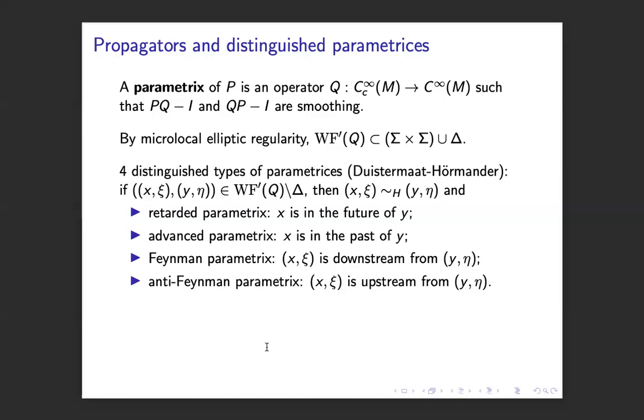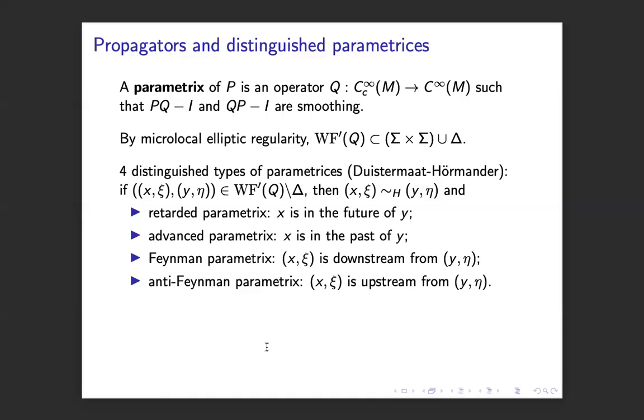Just by general mathematical theory, you can show that these propagators only have singularities on the light cone. Then you can say, let's call a Feynman parametrix any parametrix which propagates wavefront set in the positive light cone to the future, and in the negative light cone it propagates wavefront set to the past.